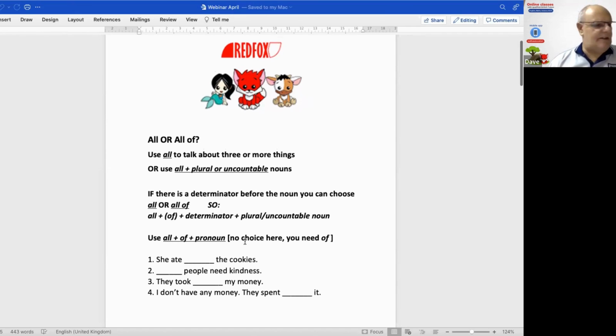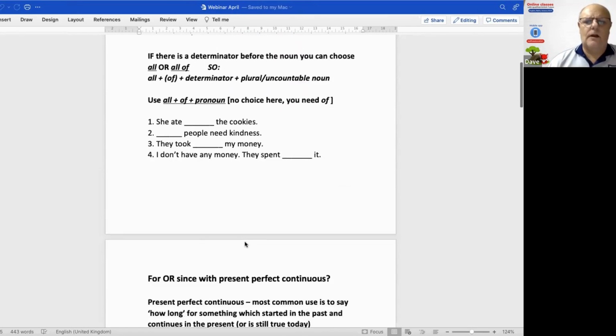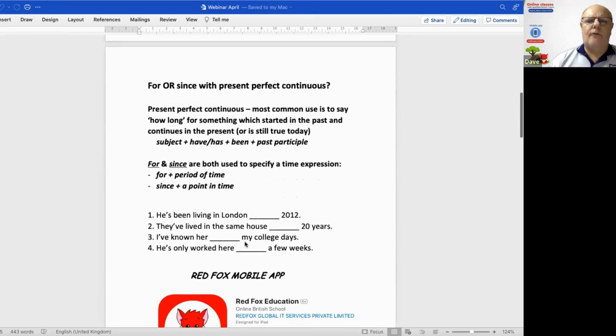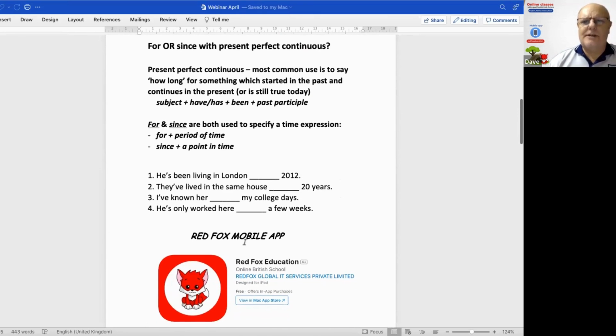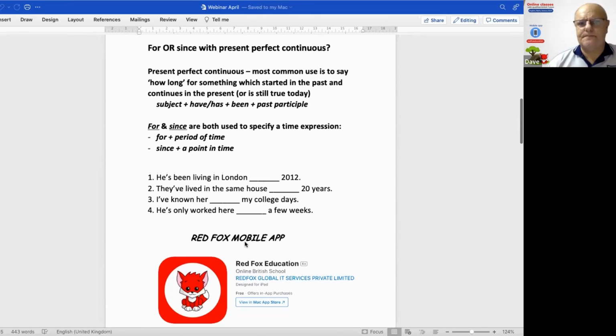Right, let's move on to another point. Our next one is "for" or "since" with present perfect continuous. Present perfect continuous has a number of different uses.